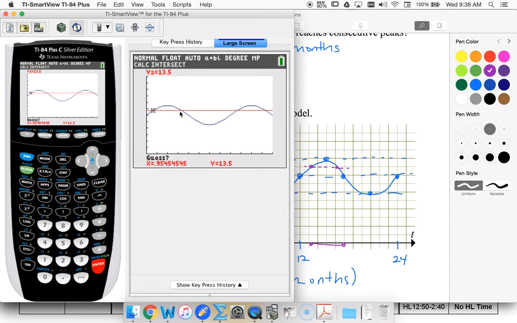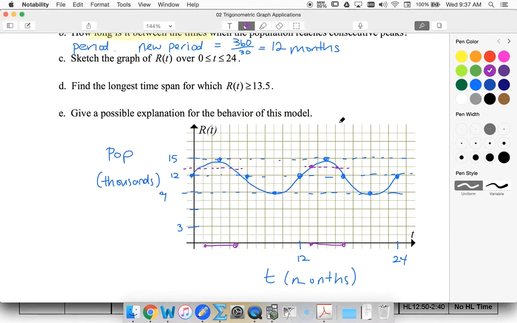Since I know that this was exactly 1, my guess for my second one is going to be 5. And sure enough, I get 5. What this tells me is that I could have solved this algebraically as well. So this point of intersection happened exactly at 1 and exactly at 5. So the longest time span, 5 minus 1, is 4 months. 1, 2, 3, 4 months is the longest time span.